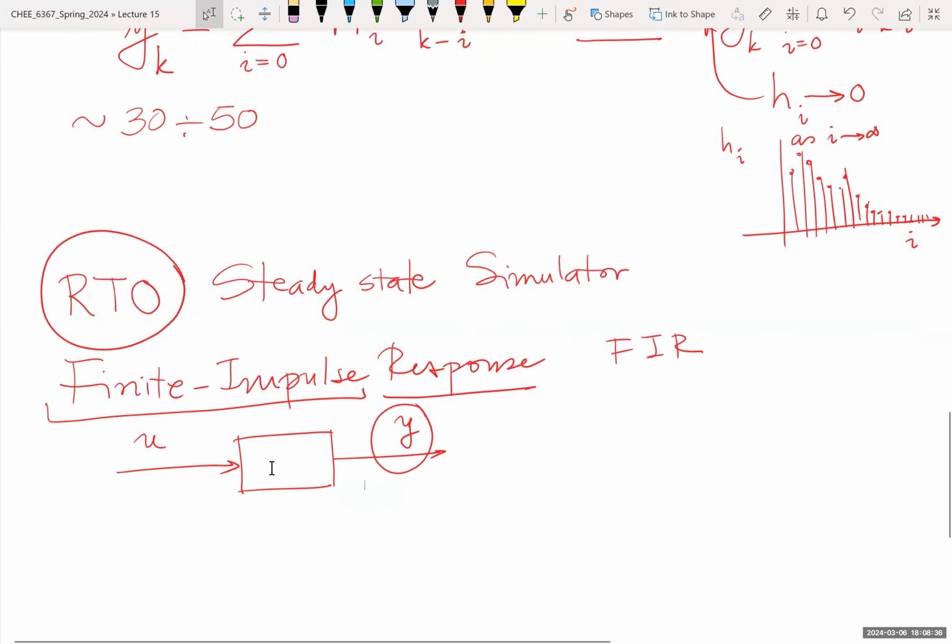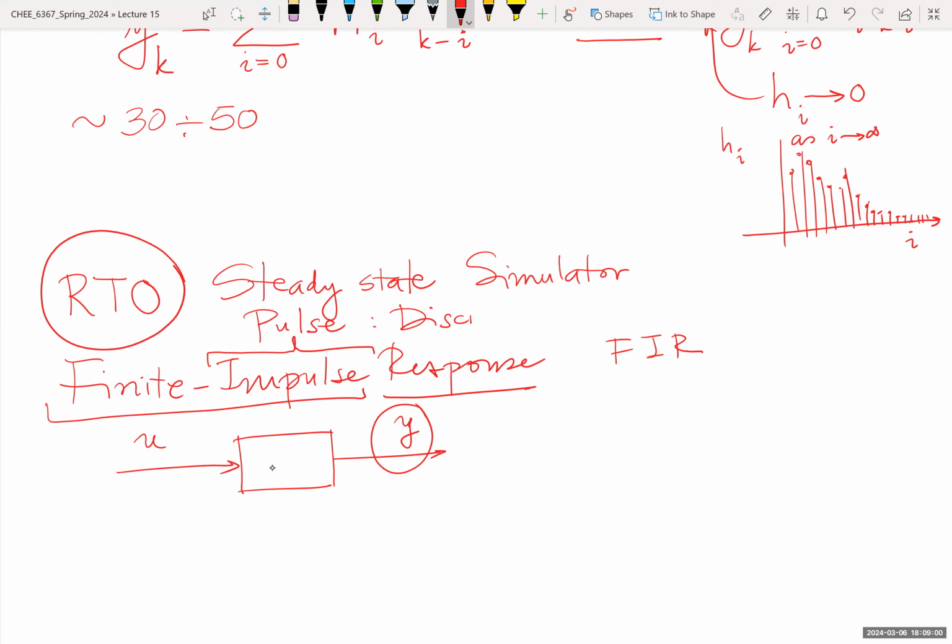The term finite impulse actually comes from continuous time. For discrete time, one should rather use the term finite pulse. But the term FIR, or finite impulse response, is universal, so it's used both for discrete and continuous time.